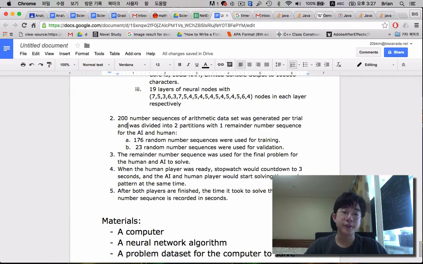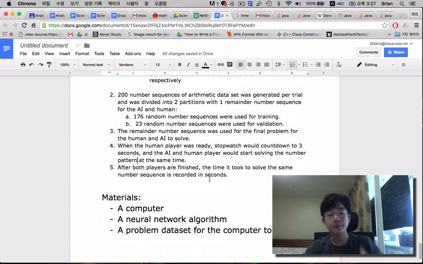So here are the specifics. 176 random number sequences will be used for training for the AI, and 23 random number sequences will be used for validation processing for the AI to check while training. And the remainder number sequence, 1 number sequence, will be used for the final problem for the human and AI to solve.